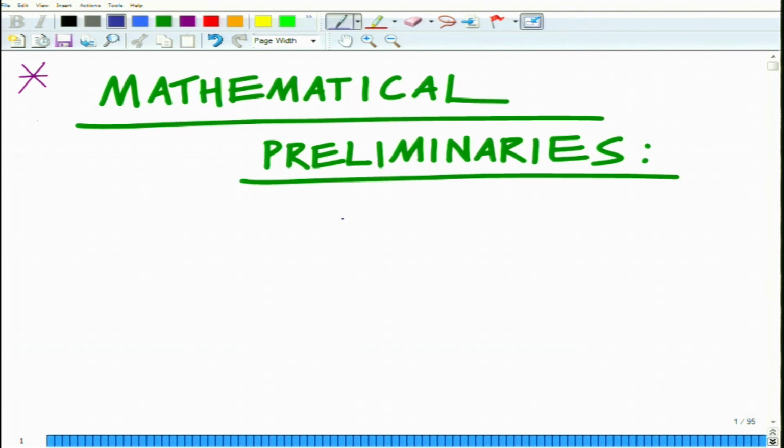Okay. Now, the first mathematical construct that we are going to use is that of a vector. As you must all be familiar, a vector x bar is denoted by a bar on the top of the quantity. So, let us start with the concept of vectors.